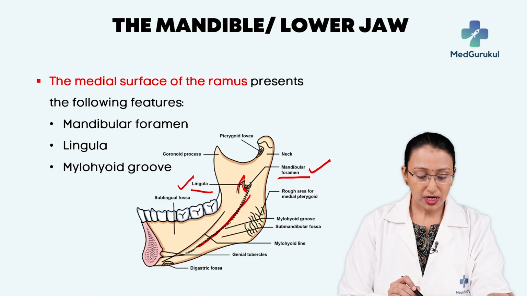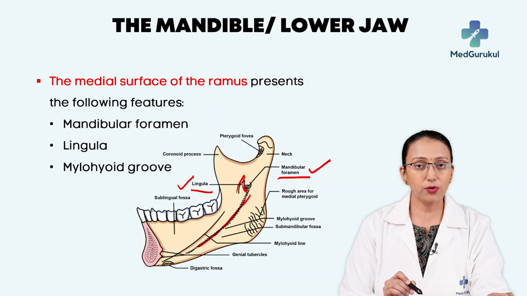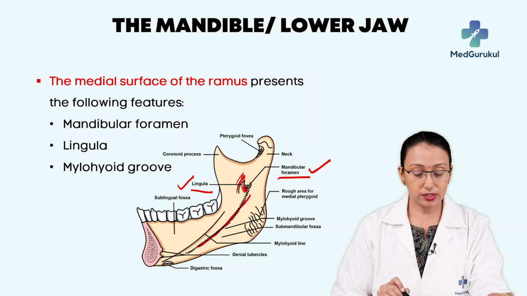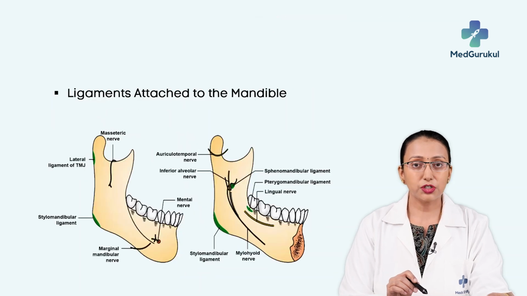The mandibular foramen is for important structures and this would be a spotter question: the inferior alveolar nerve and vessels pass through it, and the lingula is present anterior to it.